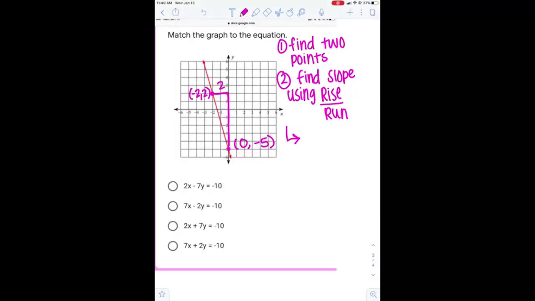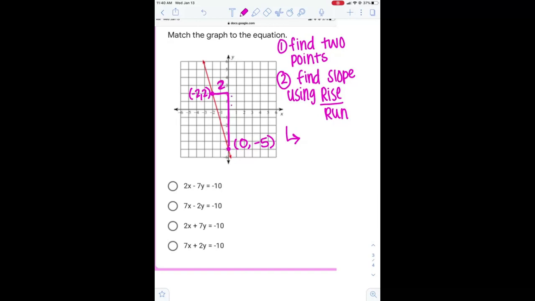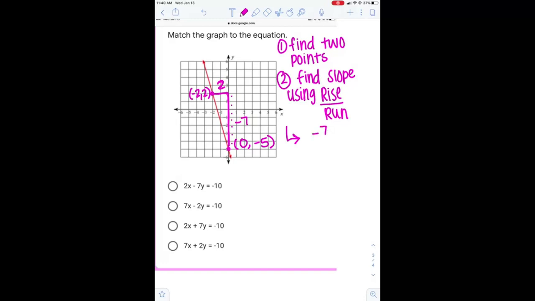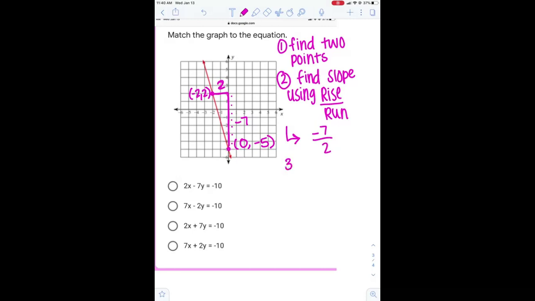So here my run is 2 and my rise is actually a fall, so it's going to be negative, and it's -8. Or sorry, -7. So that gives me -7 over 2 as my slope.